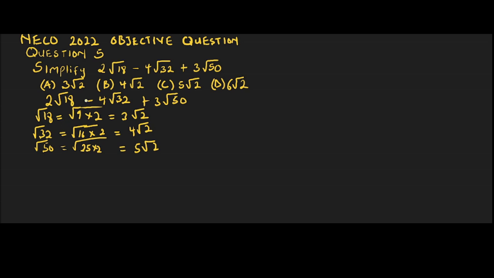So we have expressed root 18 in the basic form, root 32 in the basic form, root 50 in the basic form. So we turn back to the question. 2 times root 18 becomes 3 root 2, minus 4 times root 32 becomes 4 root 2, plus 3 times root 50 becomes 5 root 2.